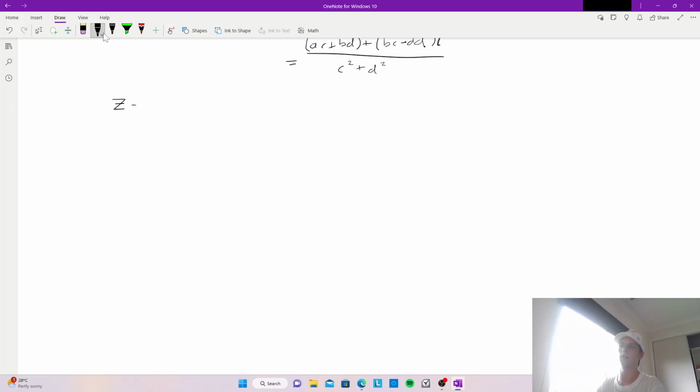We'll just let z be equal to 3, so z is an element of a complex number. z is equal to 3 plus square root 2i, and then z1 equal to square root 5 minus 6i.